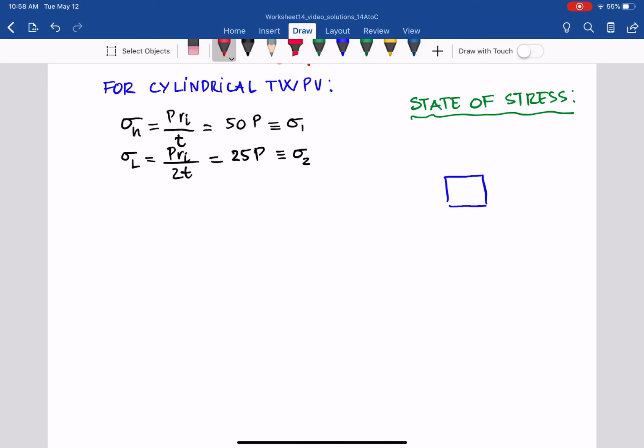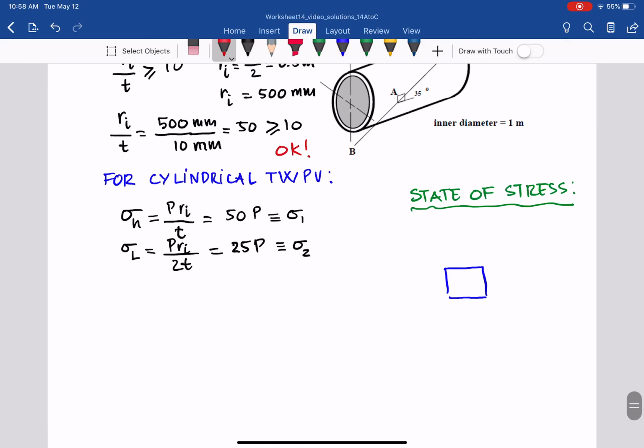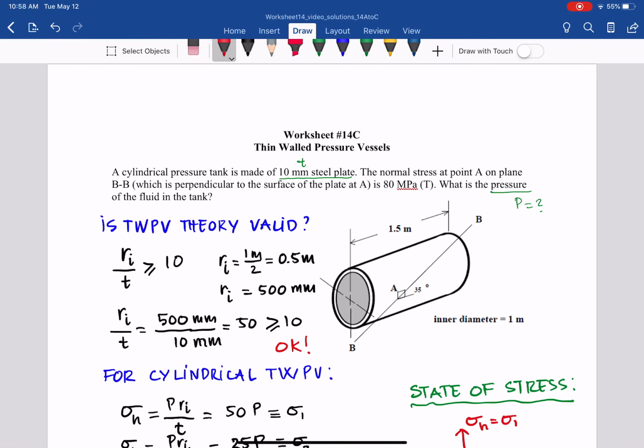And then we have longitudinal, so that is sigma hoop equal to sigma 1, and that one here is sigma longitudinal, that is sigma 2, also sigma 2 on the other side.